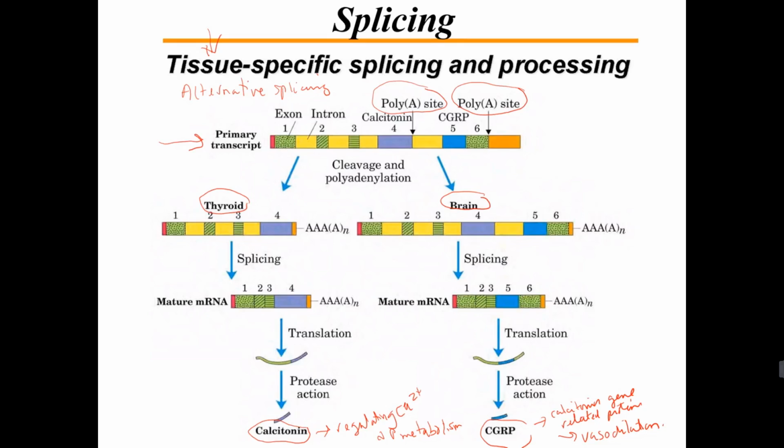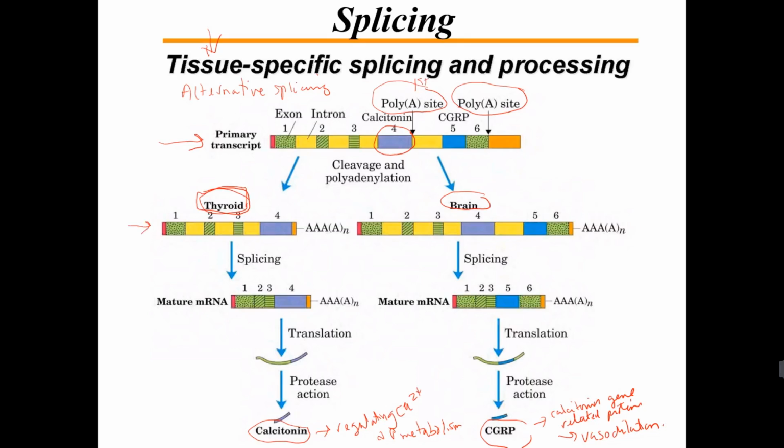So if we look at this transcript, and if it exists in the thyroid tissue, we do get inclusion of exon number 4, and recognition of that first polyadenylation site, depending on the factors that are there, and we get a truncated transcript that is eventually processed.